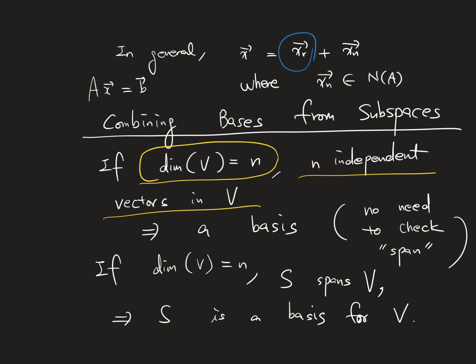One is whether the vectors are linearly independent, and the other is whether the vectors could be a generator, I mean, whether the vectors span the vector space. But if we know the dimension of the vector space, in this case, we can check just one, whether it spans, and immediately it could be a basis.